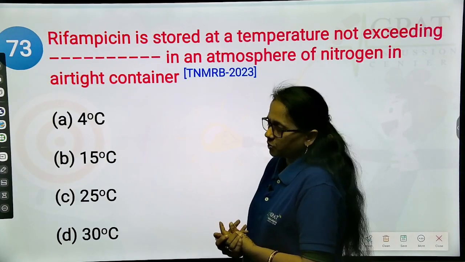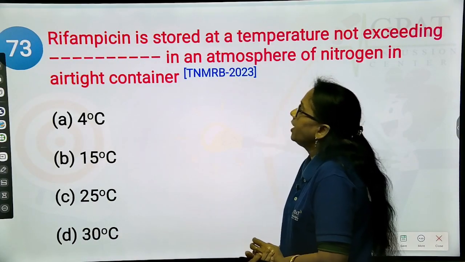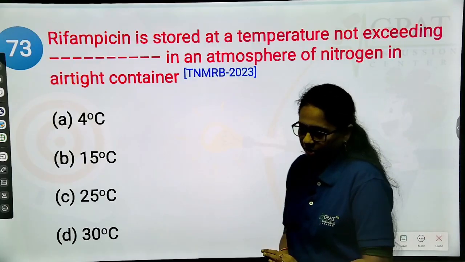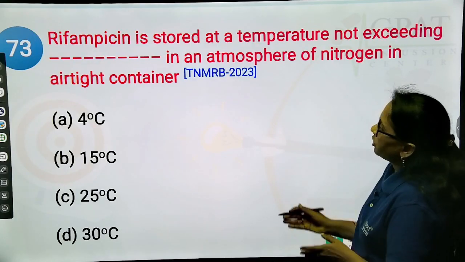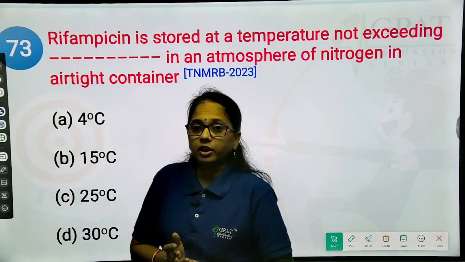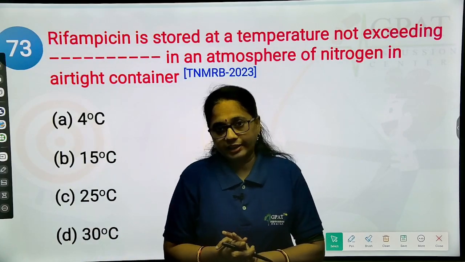Next question: rifampicin, an anti-tubercular drug. Rifampicin is stored at a temperature not exceeding dash in an atmosphere of nitrogen in an airtight container. We are well aware that rifampicin is an anti-tubercular and a light sensitive drug.